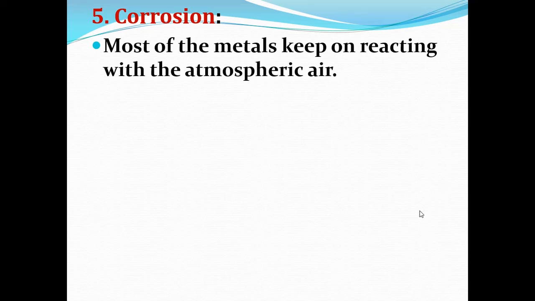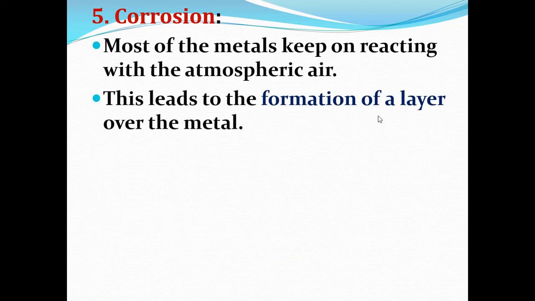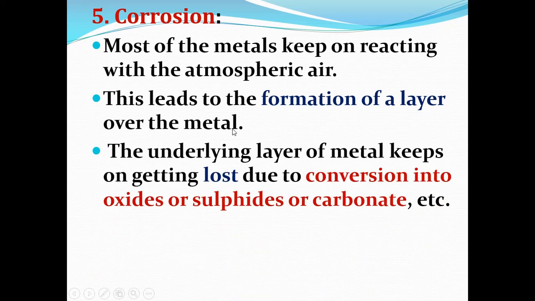Now the next concept is corrosion. What is meant by corrosion? Most metals react with atmospheric air. When they react with the atmospheric air, a layer forms over the metal.